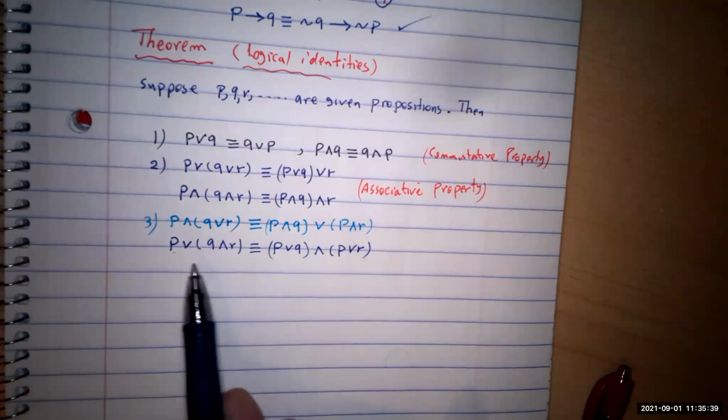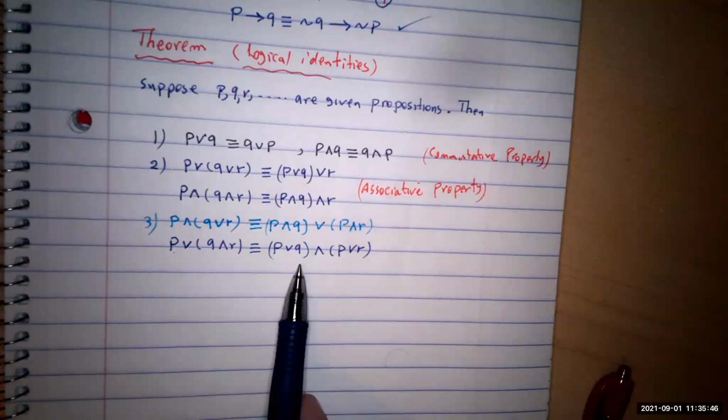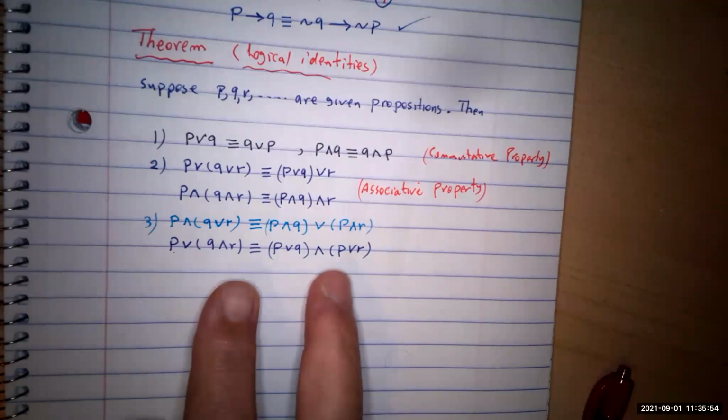This was something like A plus BC. A plus BC is not A plus B times A plus C. You see, this is the only difference. So you cannot have this one all the time.